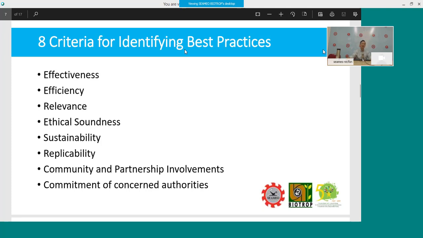These criteria include effectiveness, efficiency, relevance, ethical soundness, sustainability, replicability, community and partnership involvement, and commitment of concerned authorities in your school or outside your school. So I will discuss these 8 criteria one by one, okay? So let's start with effectiveness.